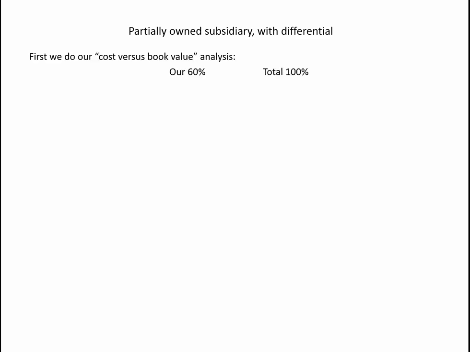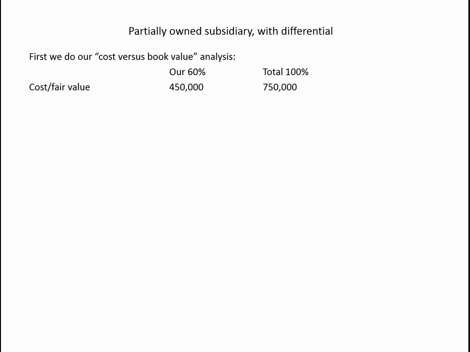First, we have to do our cost versus book value analysis. And again, we're going to need columns both for our 60% as well as for the total. First, we have the cost and fair value. Our 60% cost $450,000. Our 60% at $450,000 plus the non-controlling interest at $300,000 gives us a total of $750,000.